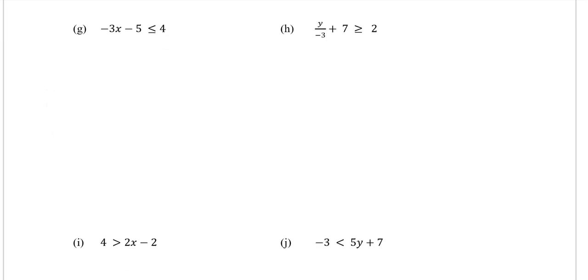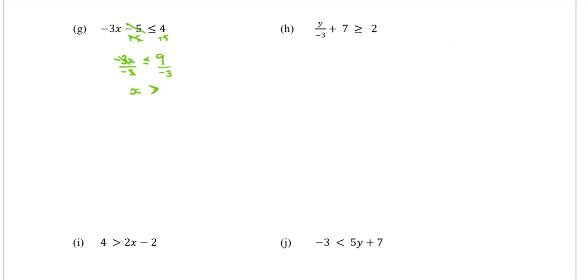G. First step is going to be to add the 5. Minus 3x is less than or equal to 4 plus 5 is 9. Now, to get rid of the 3 in front of the x, because it's a minus 3, I need to divide by negative 3. Now, the number that I'm dividing by is negative, which means this is the first time that this has happened.